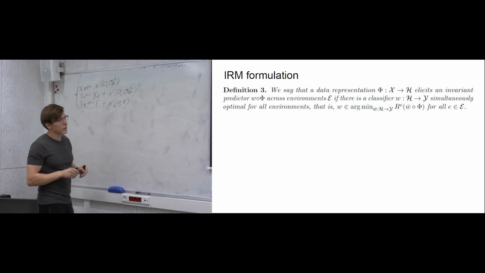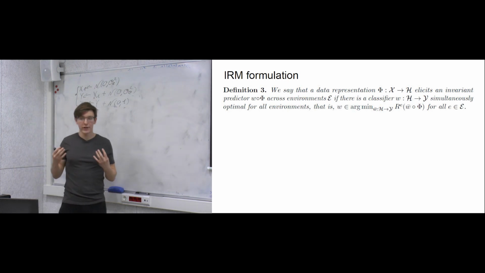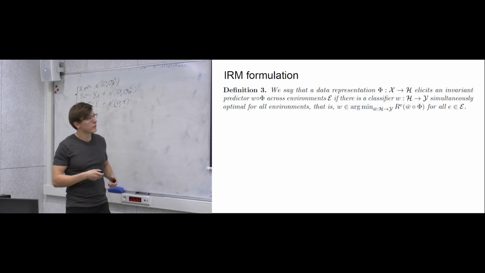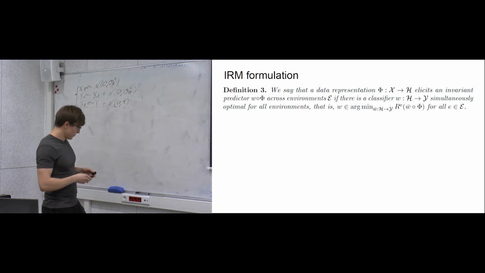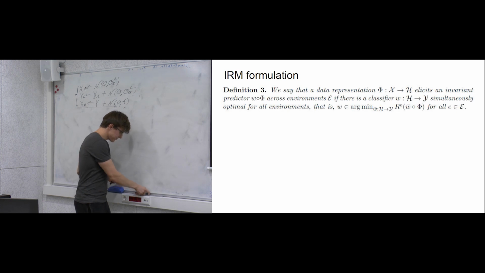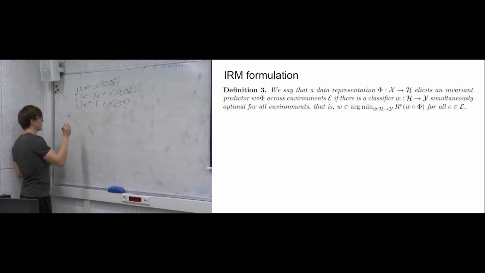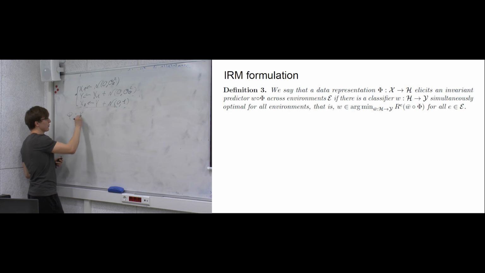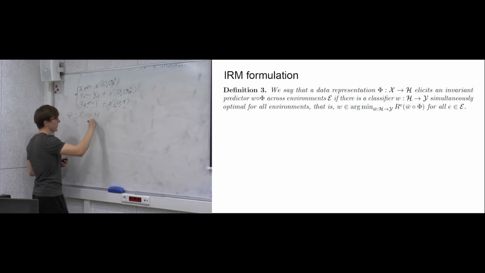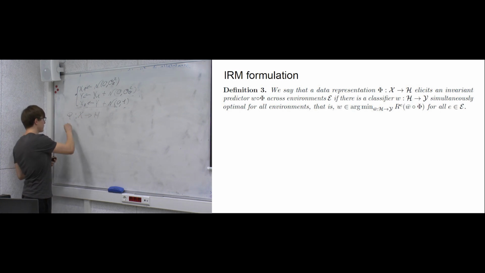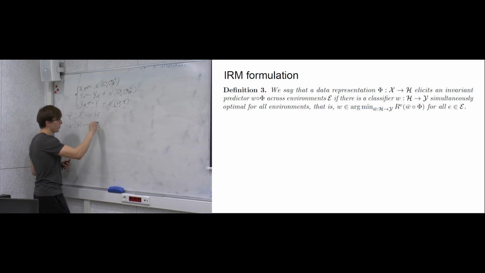But first of all, we need to define what invariant predictors actually are. Assume that I have a data representation which maps my inputs into some space H, and I have a classifier on top of that representation which maps H to my outputs.